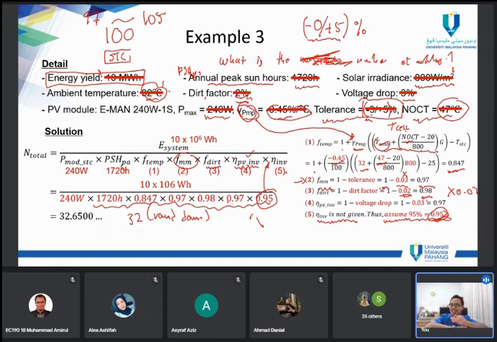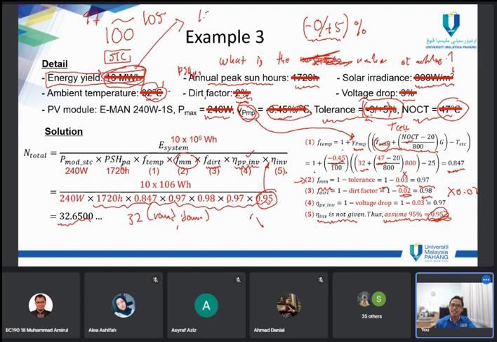Alright, we round down. So means that we are going to buy, or not buy lah, we get 32 modules. Okay, 32 modules, and then we install. Do you think, the numbers written here, 32.65. If we reduce it to 32, do you think we can achieve this 10 megawatt hour?